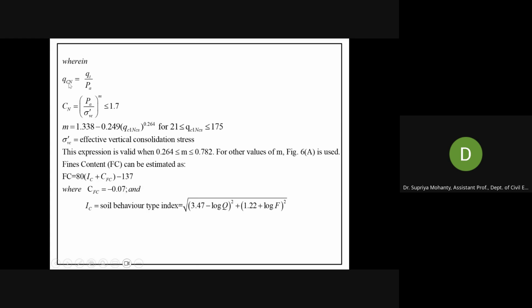So QC you need to normalize with 1 atmosphere pressure. PA is nothing but 100 kPa, 1 atmosphere, and CN is your overburden pressure correction factor, PA by your effective stress, and this M value is also a function of your QC1N and CS.